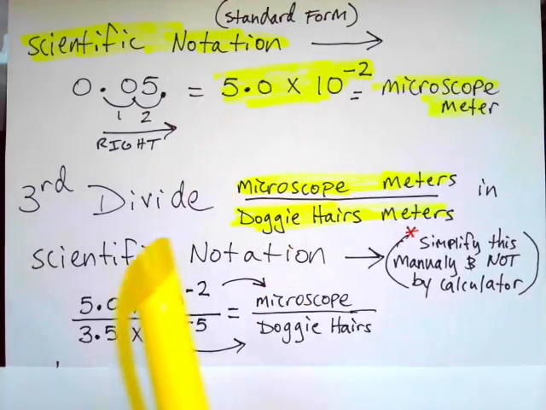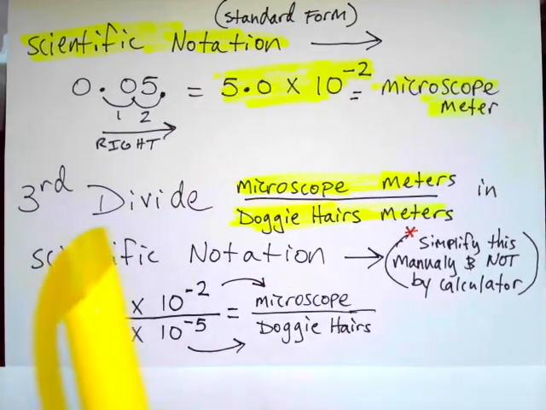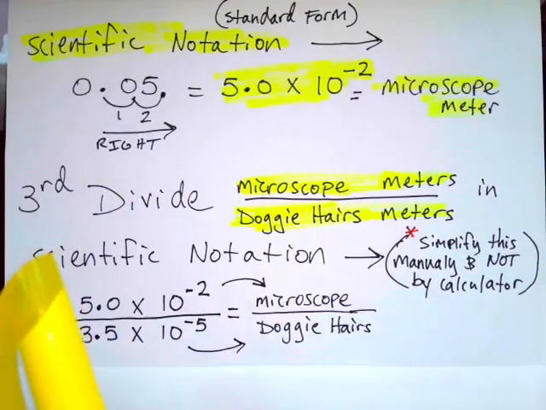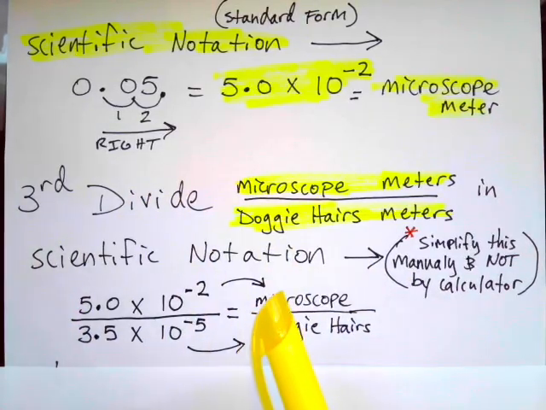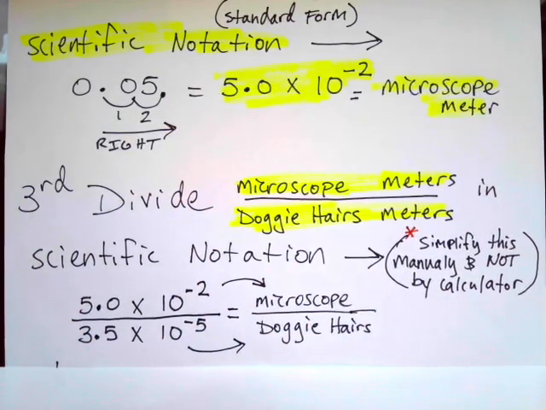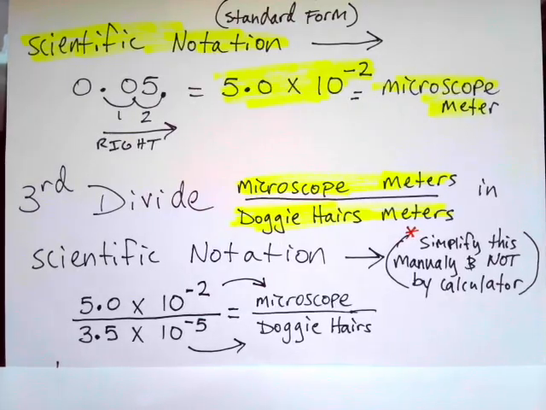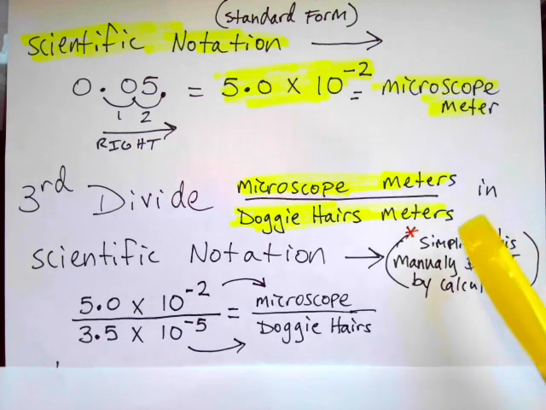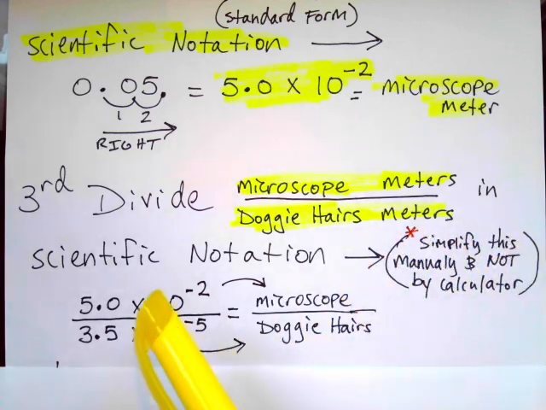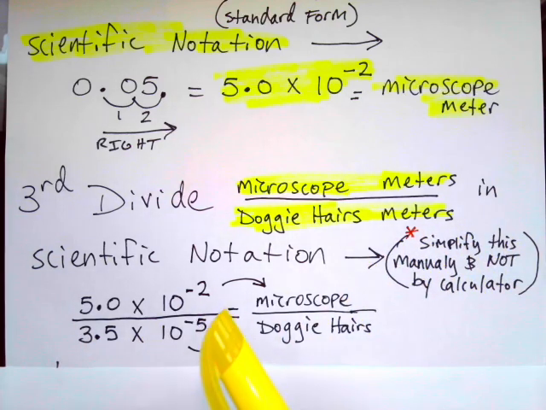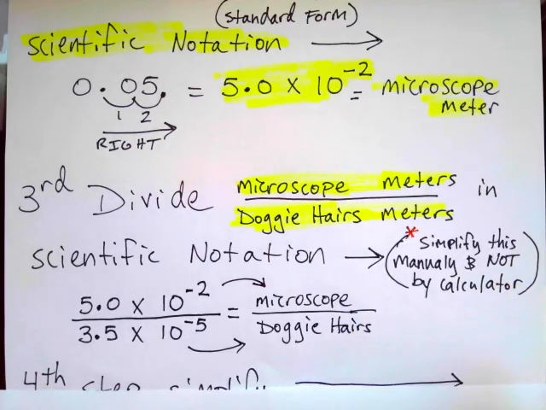They've done the correct conversions. They've created the scientific notation. They're about to divide, but then they use their calculator and they come up with a wrong value. So my simple suggestion is to simplify this ratio, with the microscope values in scientific notation divided by doggy hairs, manually, not by a calculator.